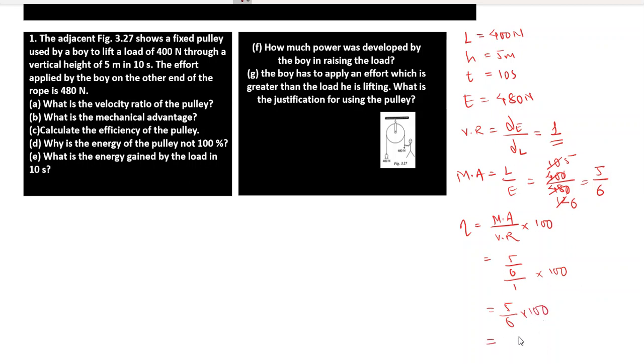Okay, so this will be 2 threes are 6, 2 fives are 10, 250 divided by 3, which is basically, let me find this out. 250 divided by 3, 83.3. 83.3 percentage.